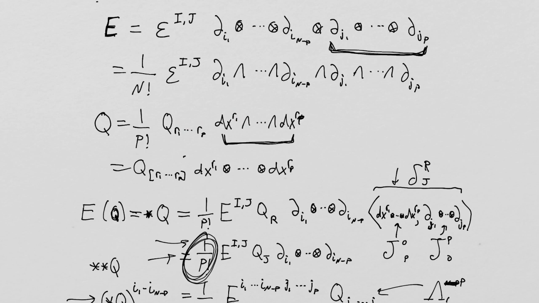I could in principle have made this a multi-index R, but I'm going to use R as the index for the p-form Q, and this is in the redundant basis, so you have this factor of 1 over p factorial.